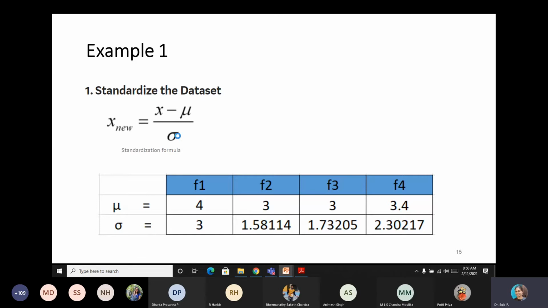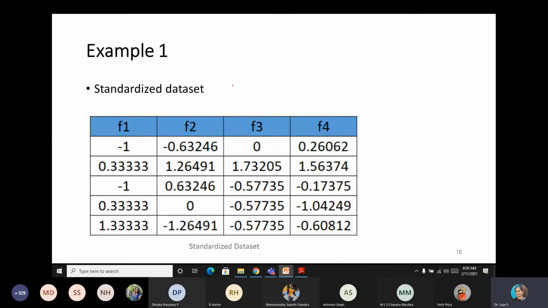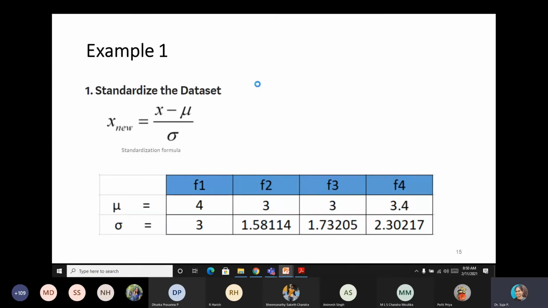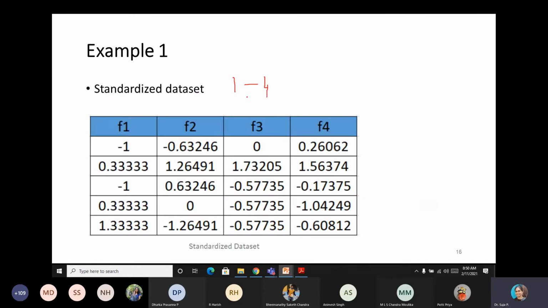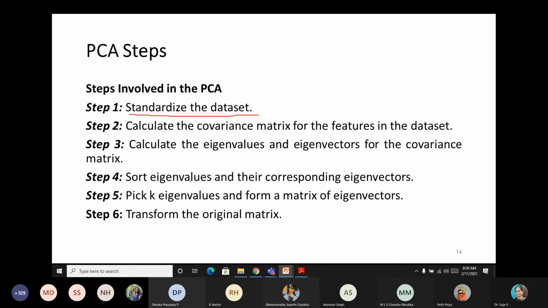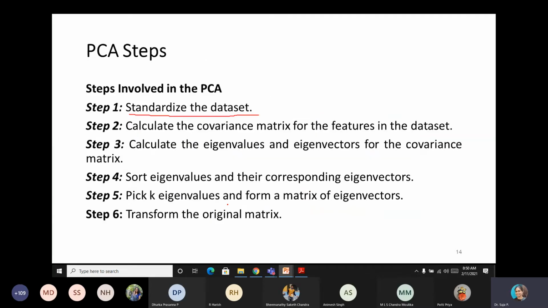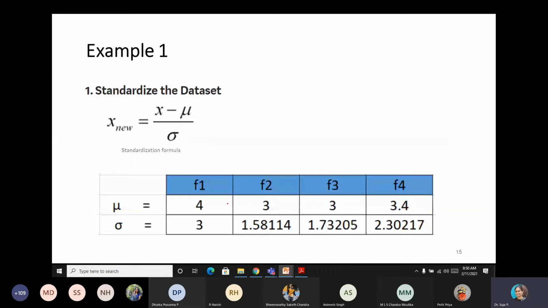So I have 1, so 1 minus 4 by 3. Similarly, 5 minus 4 by 3, likewise 8 minus 4 by 3. Likewise, for every feature we have to do this.